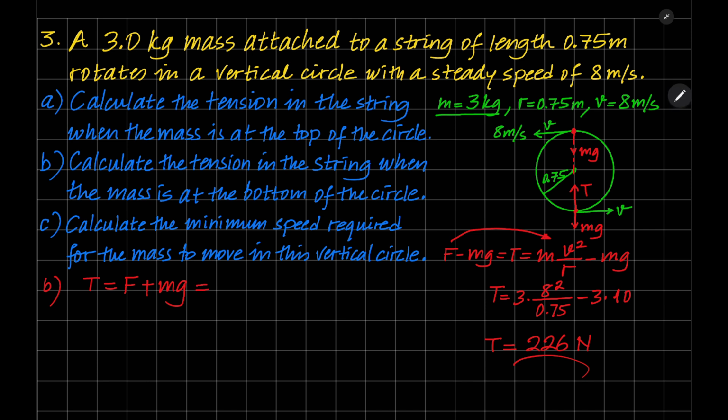Then it's equal to, again, m v squared over r plus mg, and it's equal to 3 times 8 squared divided by 0.75 plus 3 times 10, which is equal to 286 newtons.